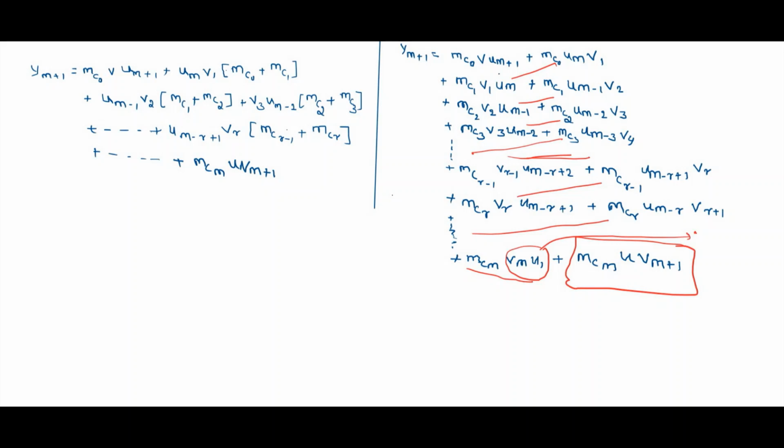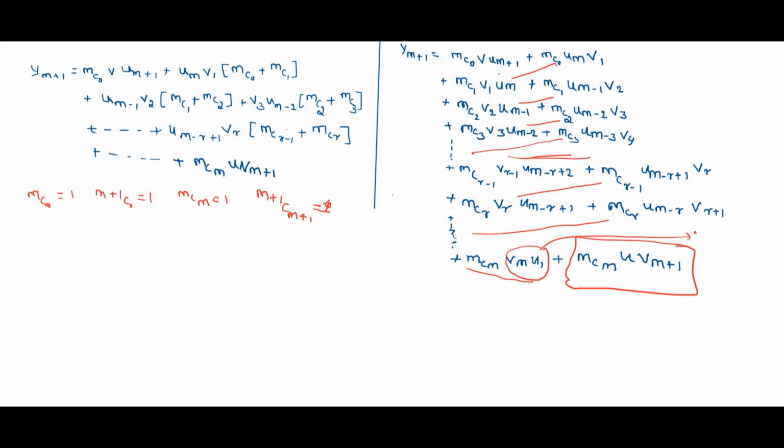And now we know that MC naught value is equal to 1. Similarly, (M+1)C naught value is also equal to 1. MCM value is equal to 1. (M+1)C(M+1) value is also equal to 1.